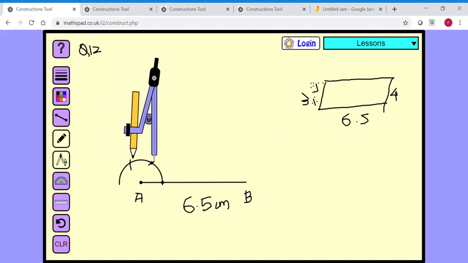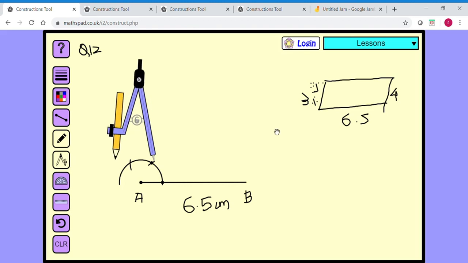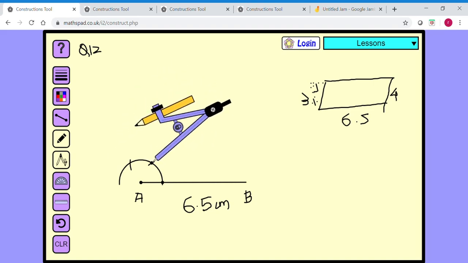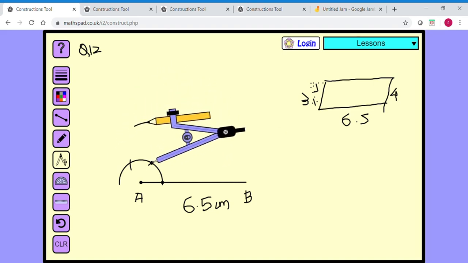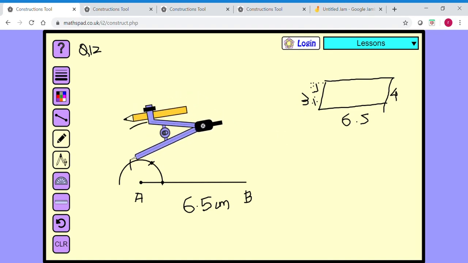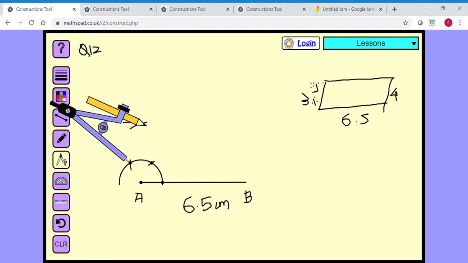I pick this up, and here I have to bisect 60 and 120. So I will increase the span slightly so that the arc is slightly further away, and somewhere in the middle I mark my arc, because somewhere here will lie the 90 degrees. I pick it up, keep it at the 120-degree point, and again I mark an arc.